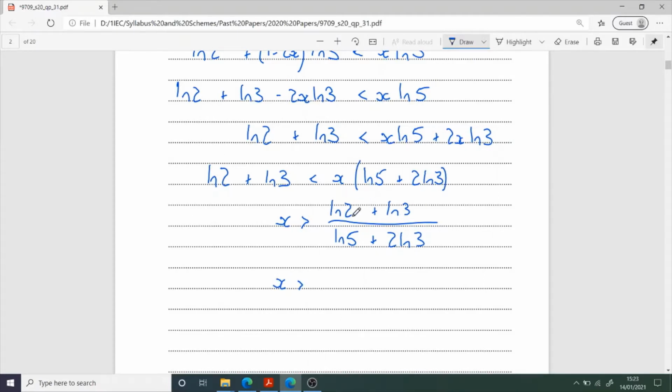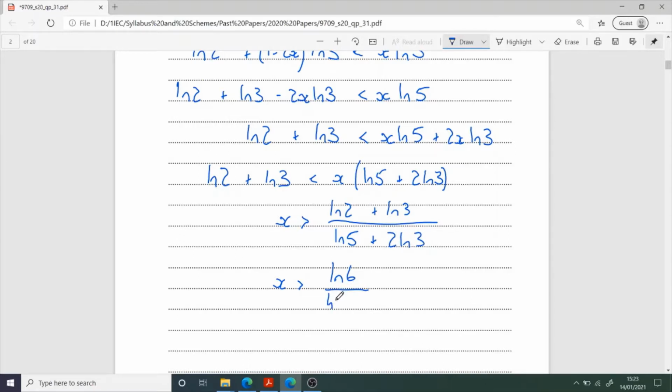We have two logarithms added together, which means we can multiply these and combine them into a single logarithm. So 2 times 3 is 6. Here, there's nothing we can do with this one yet until we bring this power up using the power law. So I'm going to bring this one up to make it, instead of 2 ln3, ln3 squared.